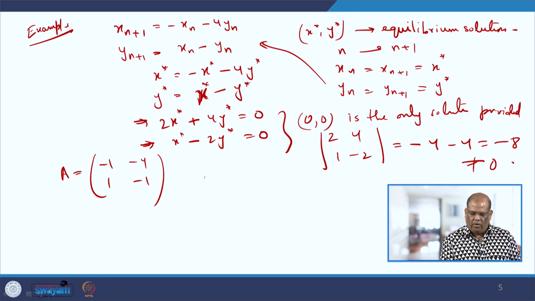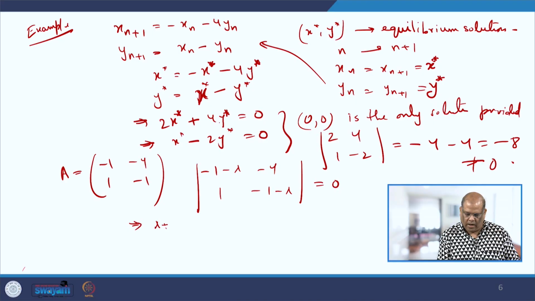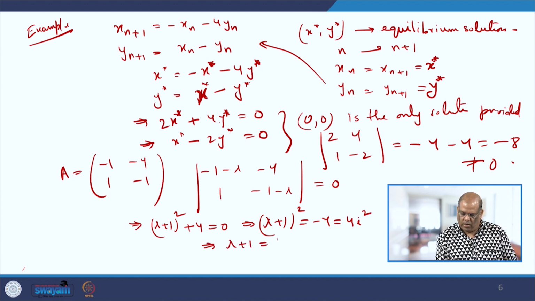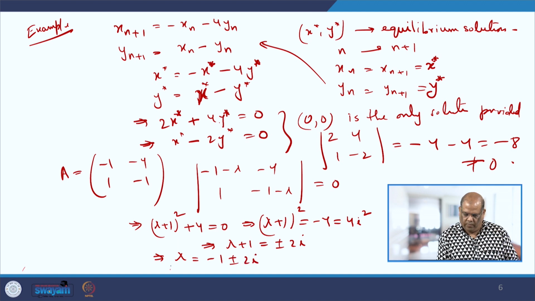So, I need the eigenvalue of this, that can be written as determinant of minus 1 minus lambda, minus 4, 1, minus 1 minus lambda equal to 0. This implies lambda plus 1 whole square plus 4 equal to 0, and this will give me lambda plus 1 whole square equal to minus 4, which is 4i square, and this implies lambda plus 1 equal to plus minus 2i, and hence lambda equal to minus 1 plus minus 2i.